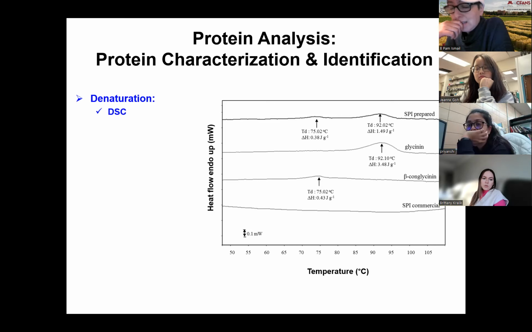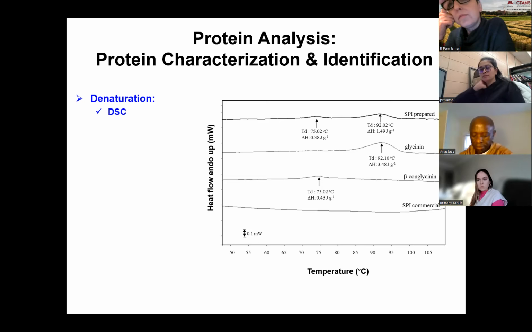So the commercial soy is already denatured, but it still has really good functionality, because soy is different than pea, so it can afford to be denatured and potentially a little bit polymerized, but still have good functionality. Pea, to start with, has poor functionality, and when you abuse it that much, whatever little functionality it has, it loses it.